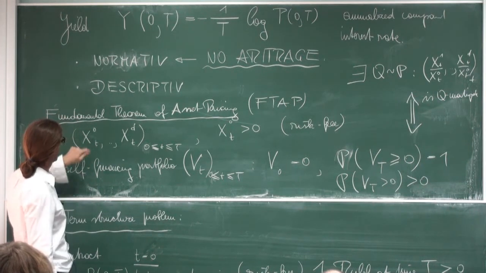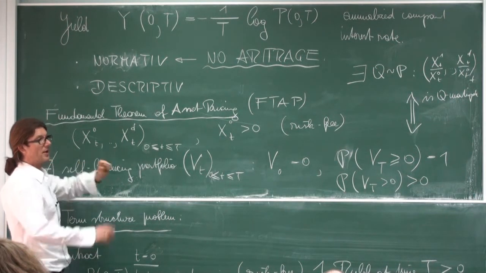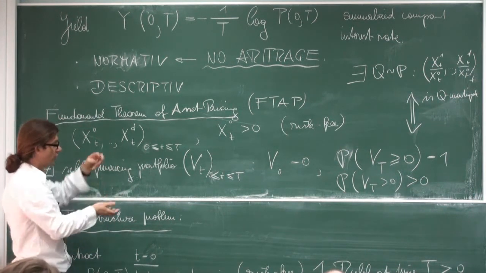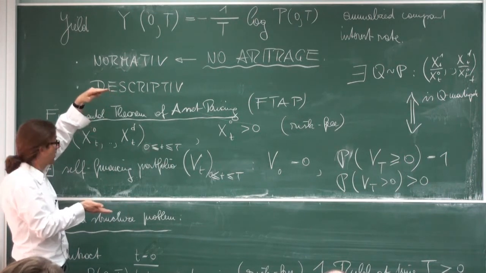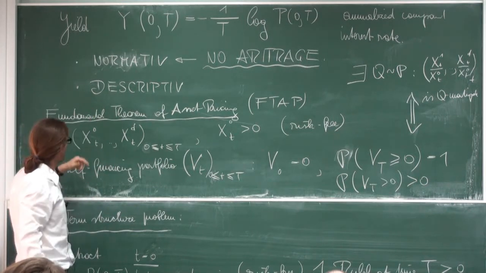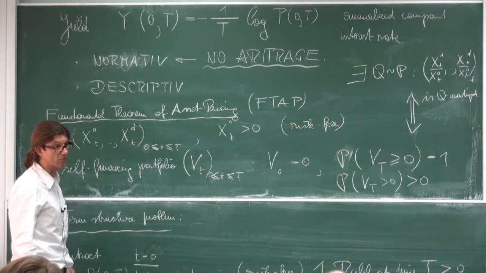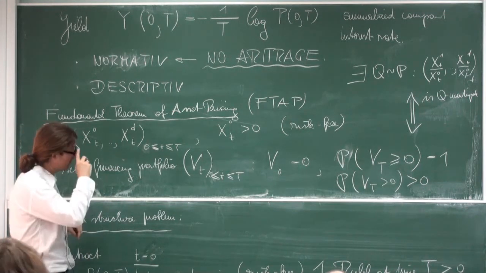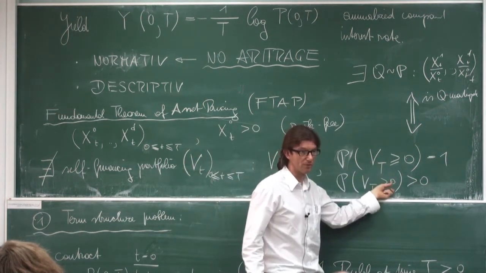You decide to buy a share of the first one, a share of the second one, and so on. Then you wait from today to tomorrow. Tomorrow you have a certain value, let's say 995 rubles. You rebalance your portfolio a little bit. The day after tomorrow you have maybe 1,002 rubles and so on. This is a typical self-financing portfolio. With such a self-financing portfolio, it should not happen that you start at zero and end at something positive.